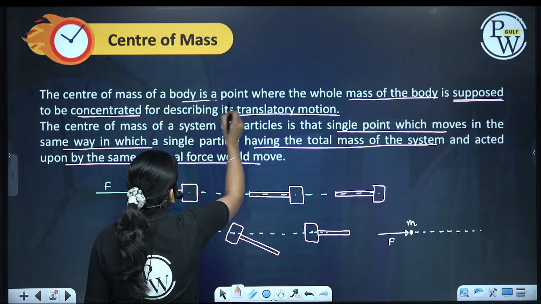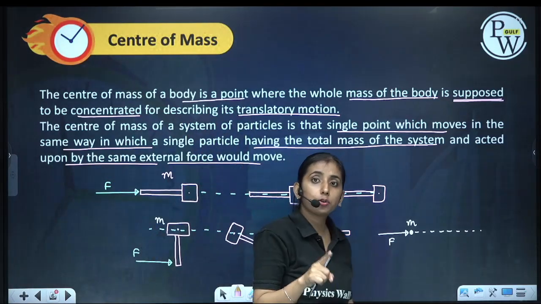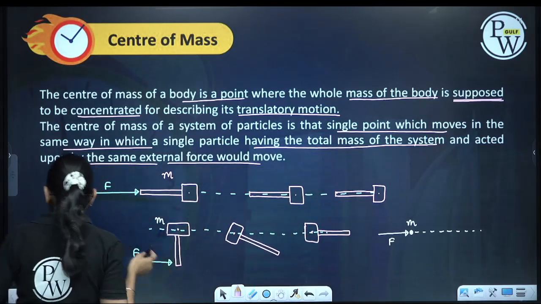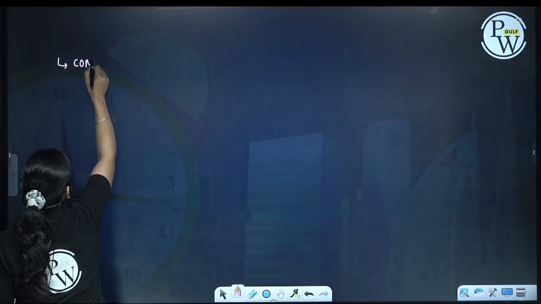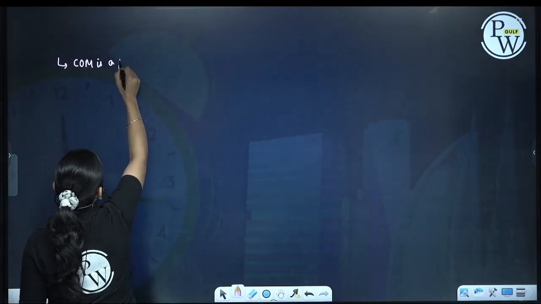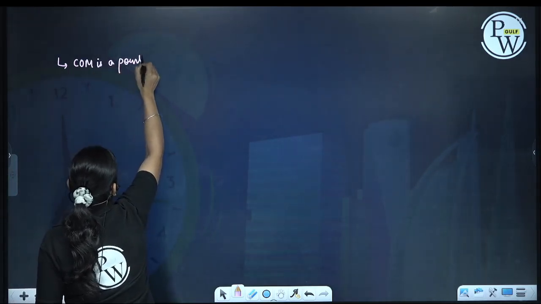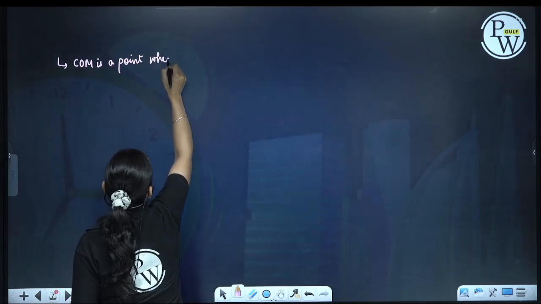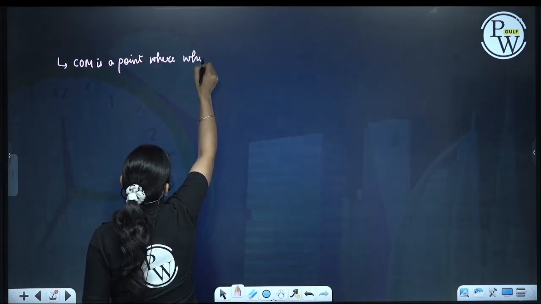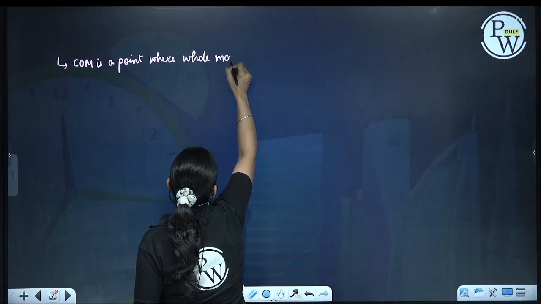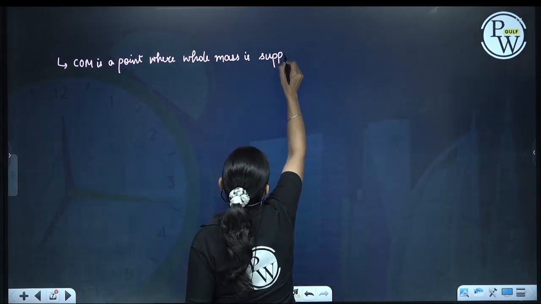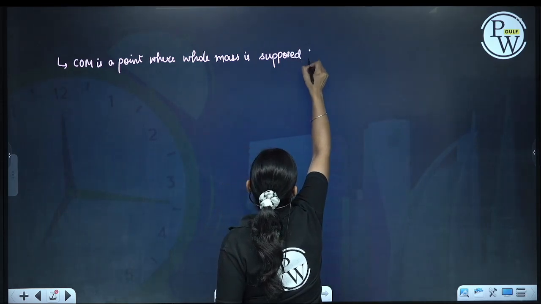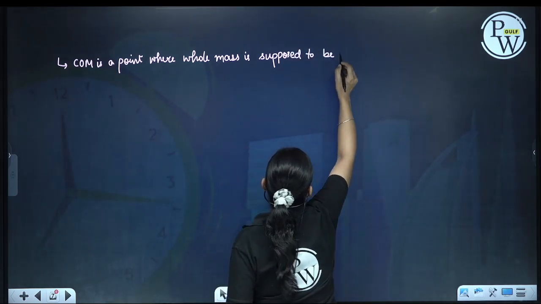Center of mass is a point where the whole mass is supposed to be concentrated.